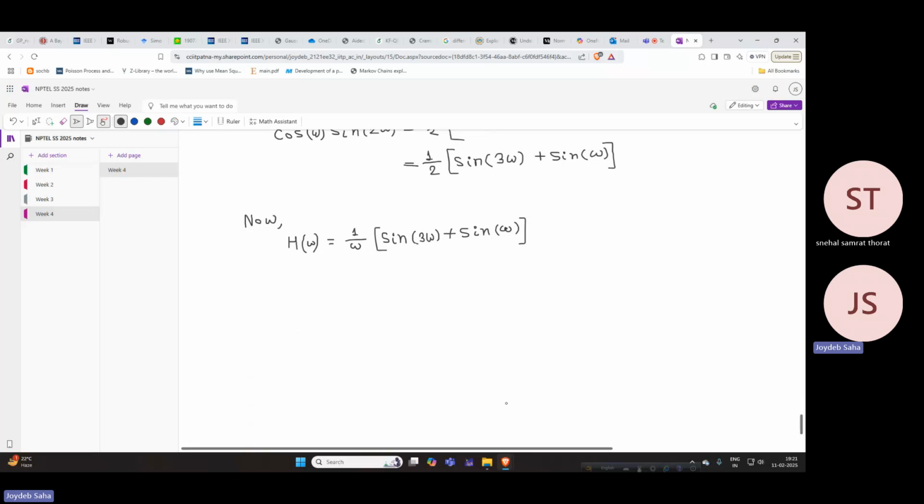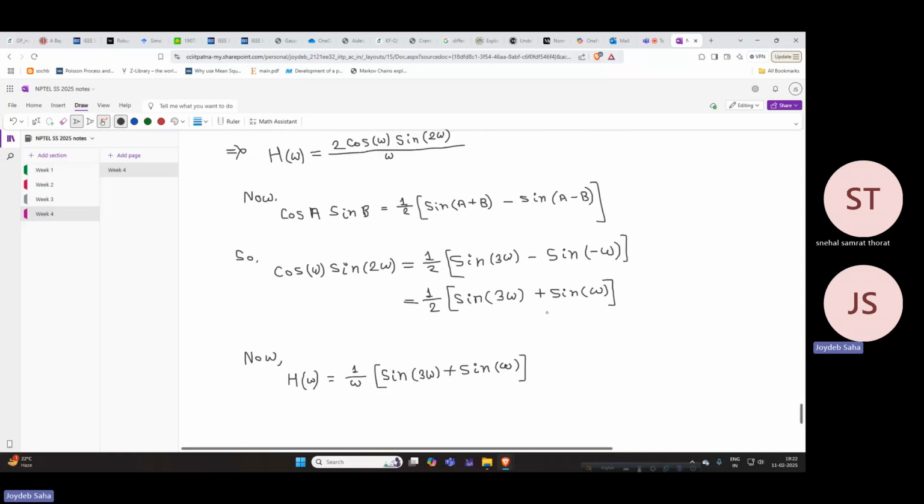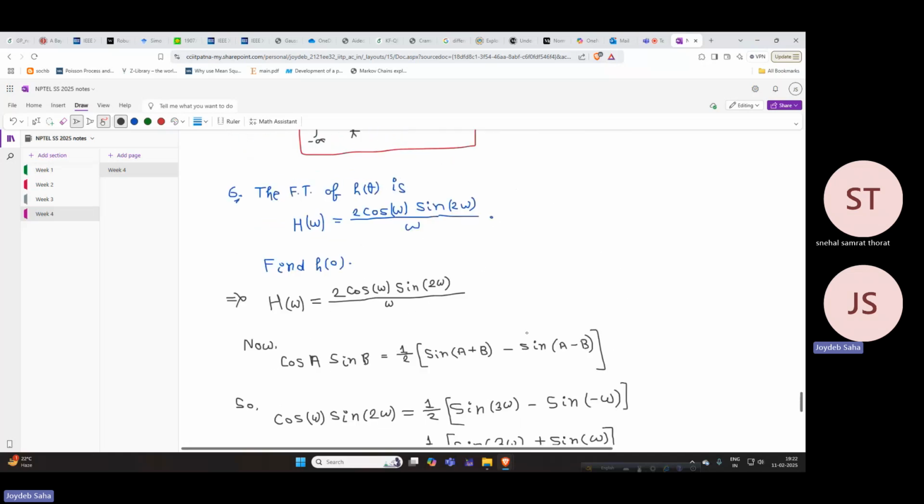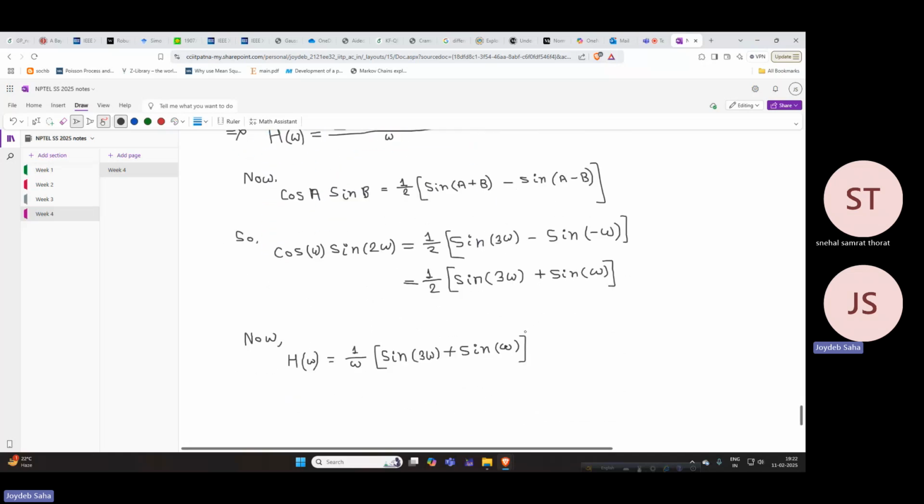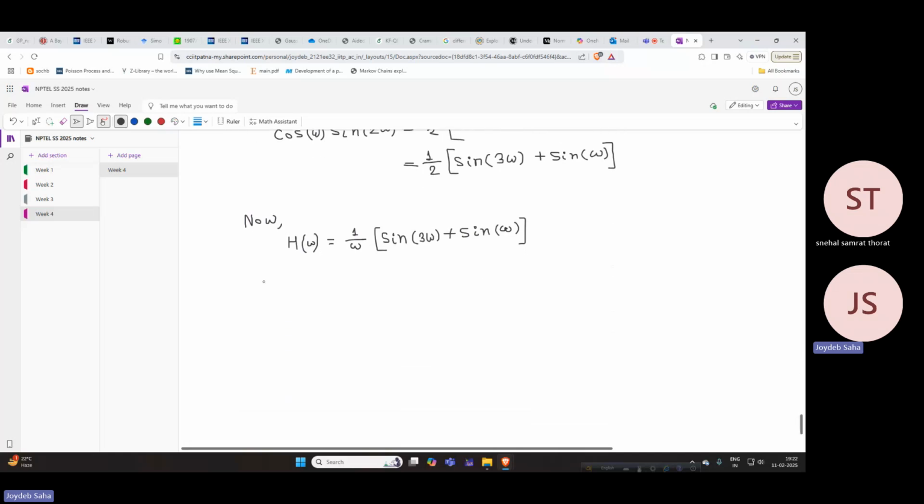Is it clear till now? Till now we haven't proceeded to small ht. Whatever we have done till now, that is capital H omega, that means the frequency domain. We have broken this. Okay, fine. Now what will be small ht?